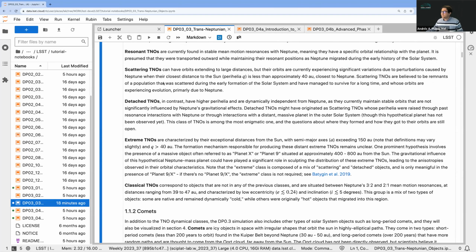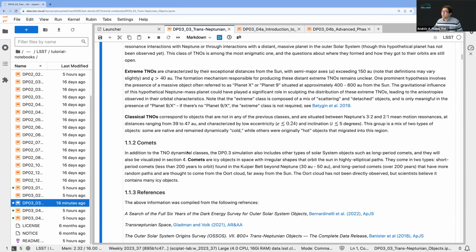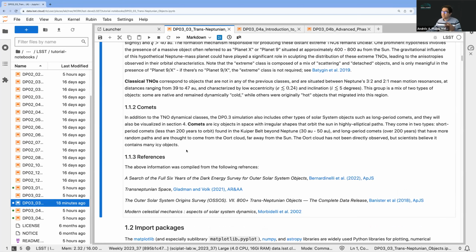Then we have these classical TNOs, which are objects that do not correspond to the previous classes, and that are situated between two particular resonances with Neptune, the 3-2 and 2-1 mean motion resonances, for a given distance, and they tend to have lower eccentricity and inclination.